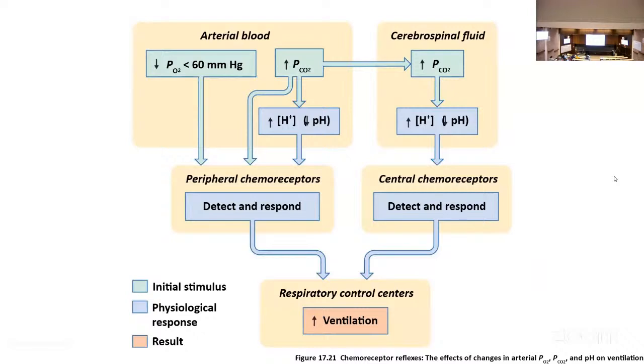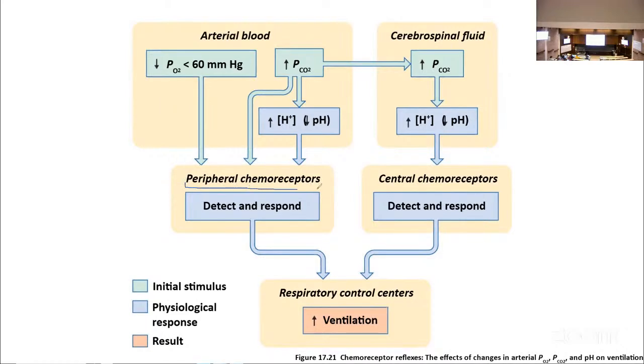Okay. So here is what kind of flow chart we would see if we were just walking through our response of these things to each other. You can see that our peripheral chemoreceptors are detecting and responding to all kinds of signals. So directly responding to carbon dioxide. They're also sensing those pH changes. They also sense major changes in oxygen levels, major drops.